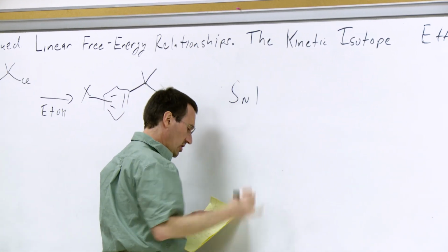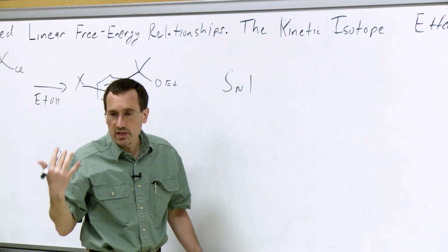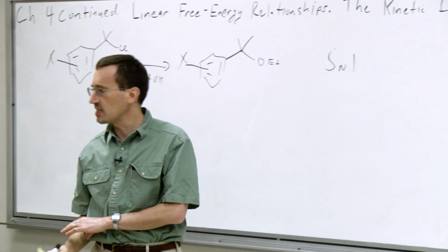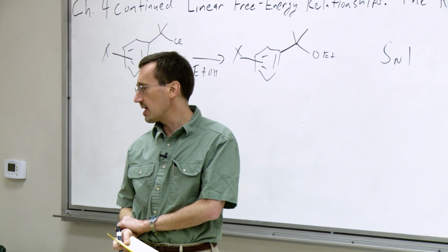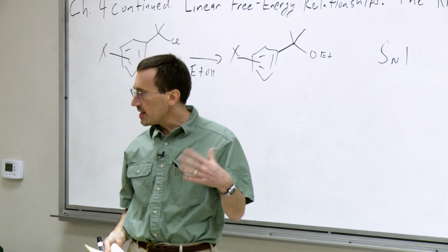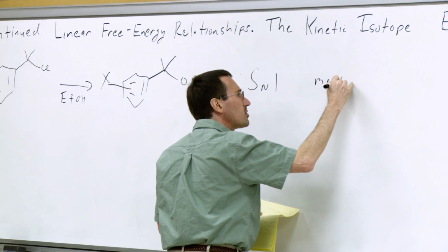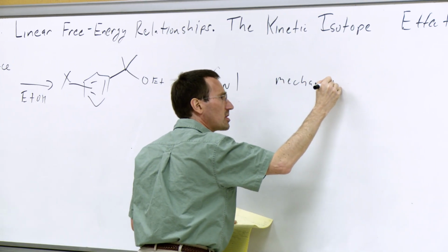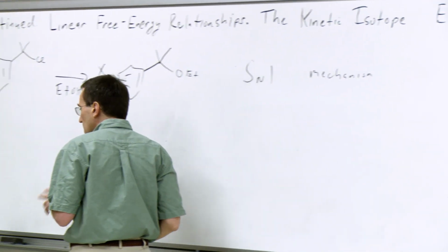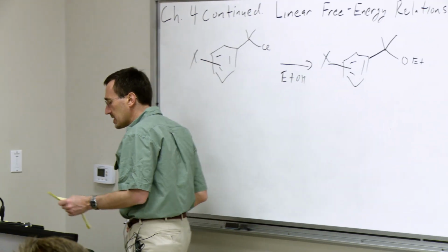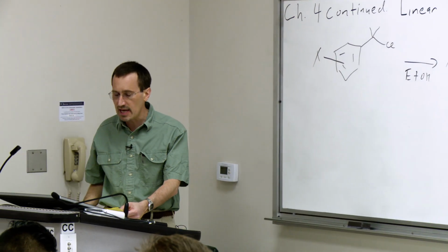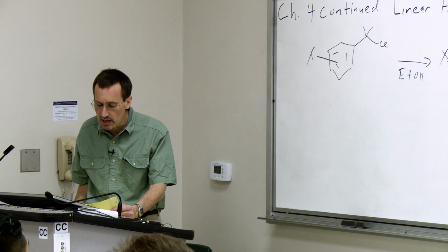And since it's a tertiary center, we know, as a matter of fact, from the types of studies that I'm going to talk about today, as well as kinetics, that this reaction is an SN1 mechanism. In sophomore chemistry, you would just learn this as fact. And today we're going to dig a little deeper and see how one determines these mechanisms.